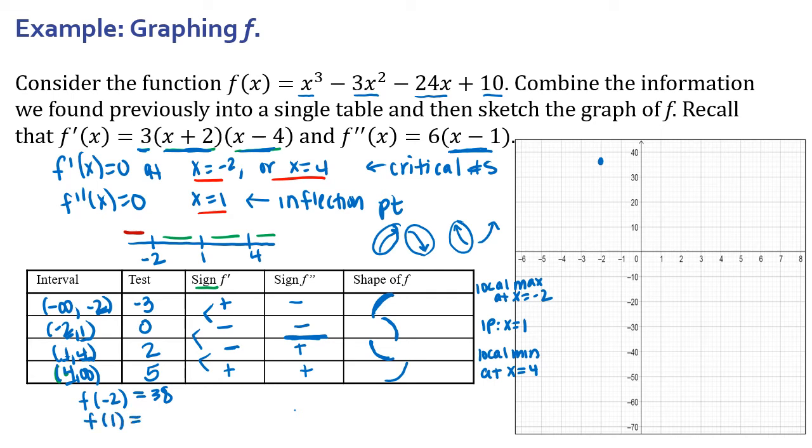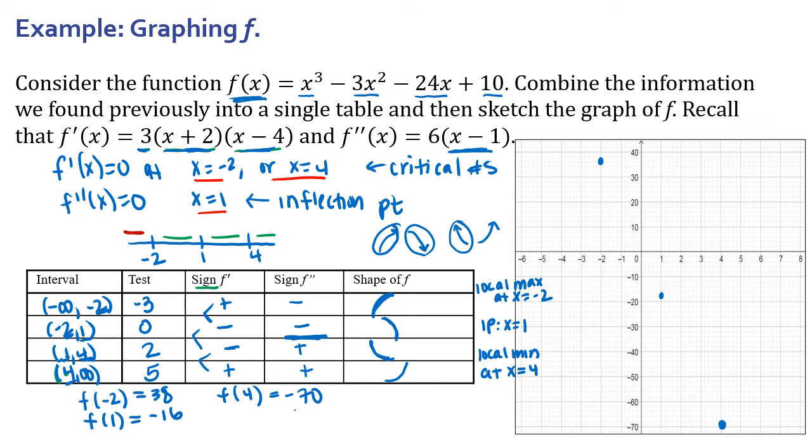When I substitute 1 into that original function, I end up getting -16. So (1, -16). And then if I substitute in where my local minimum is, f of 4, so again, go to this original function and substitute 4 in for x, you end up getting -70. So (4, -70).